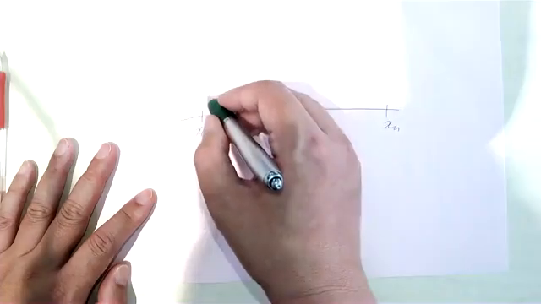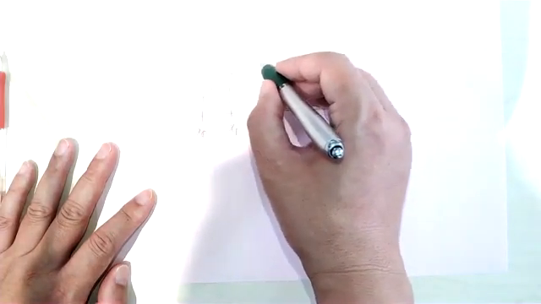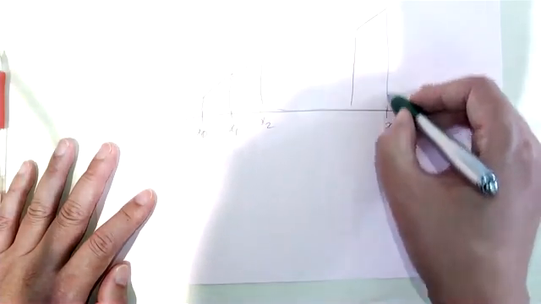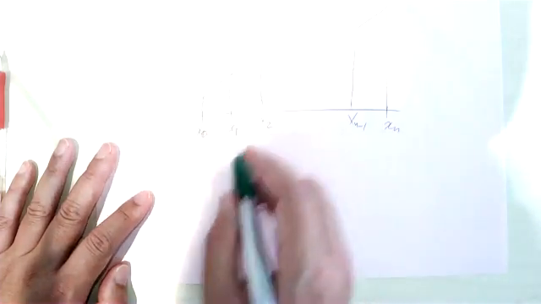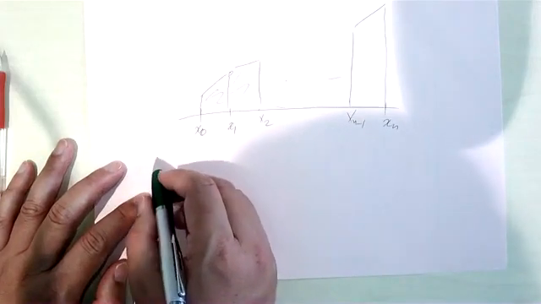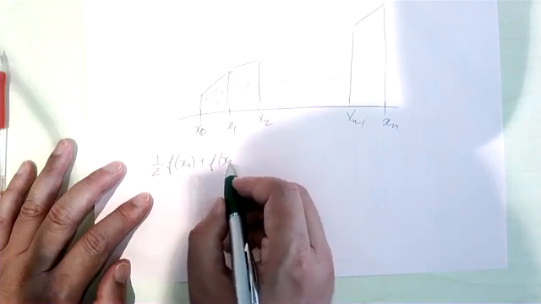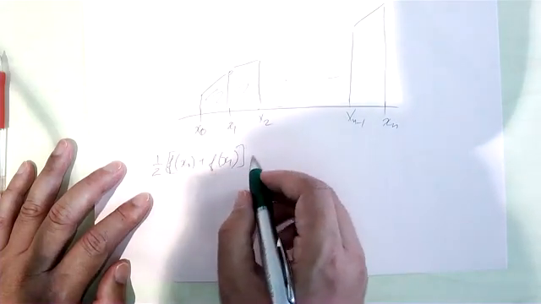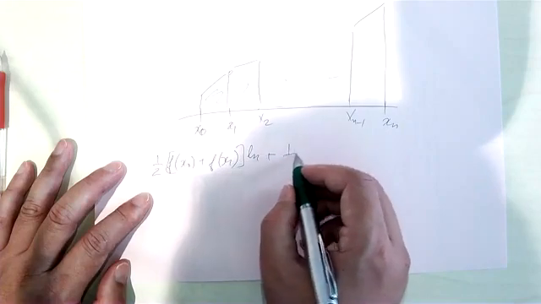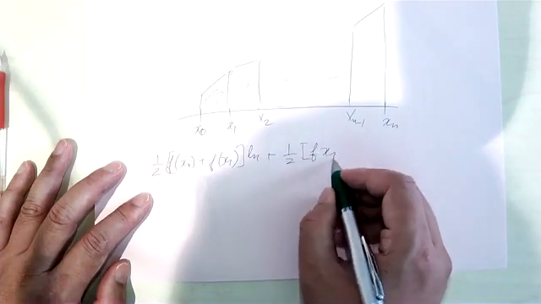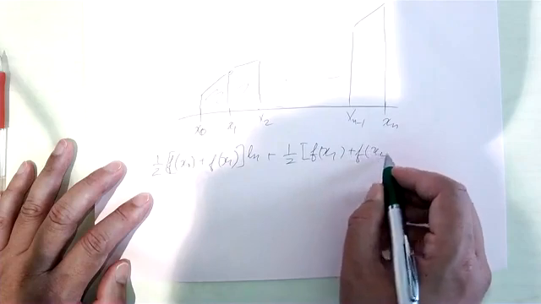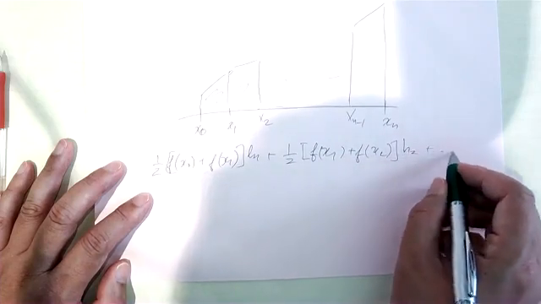The first one has a trapezoidal rule here, the second one maybe this, and the last one maybe this. Then you sum up the areas. The first area will be 1/2 (f(x0) plus f(x1)) times h1, and the second one will be 1/2 (f(x1) plus f(x2)) times h2, and so on.